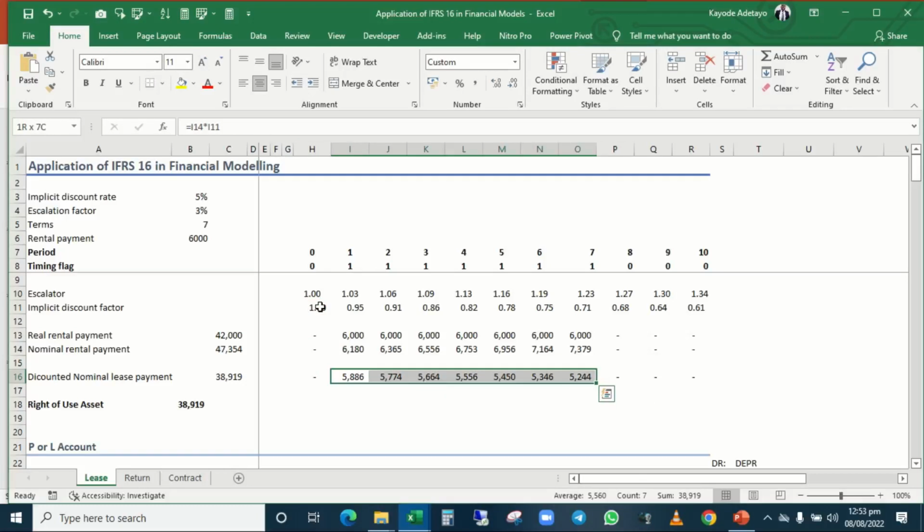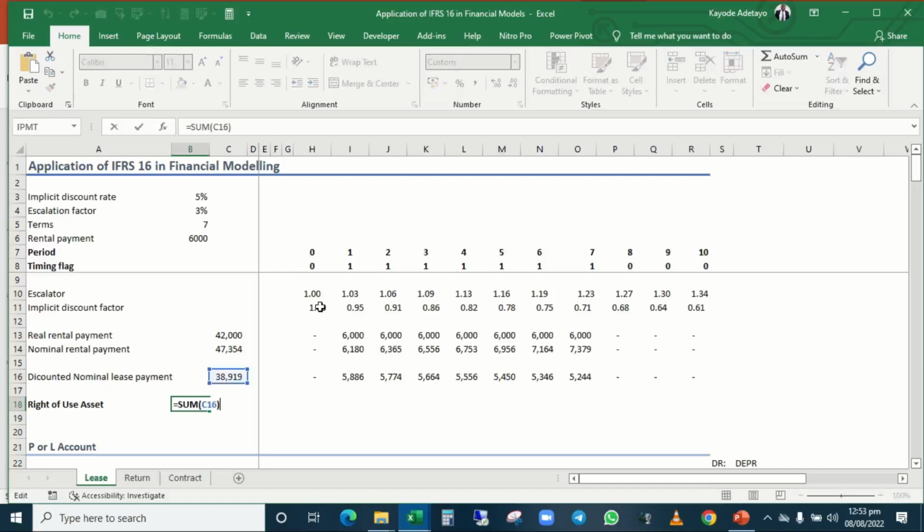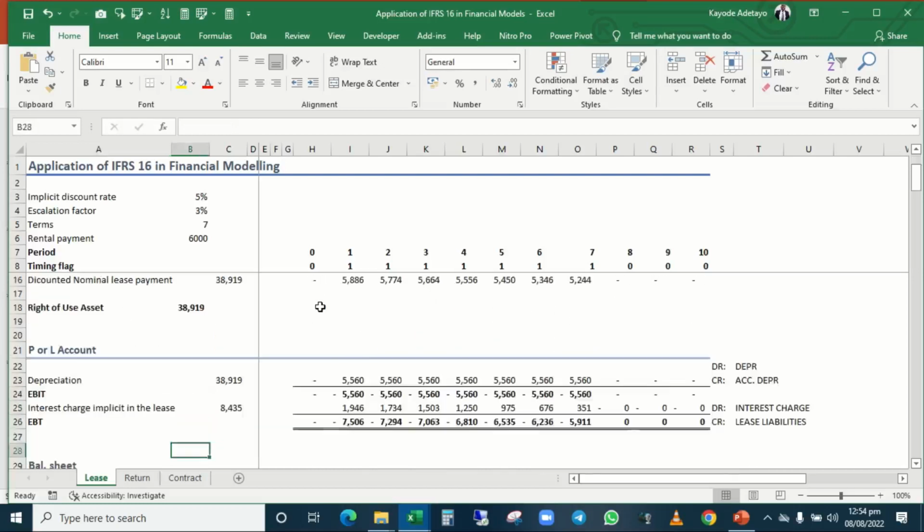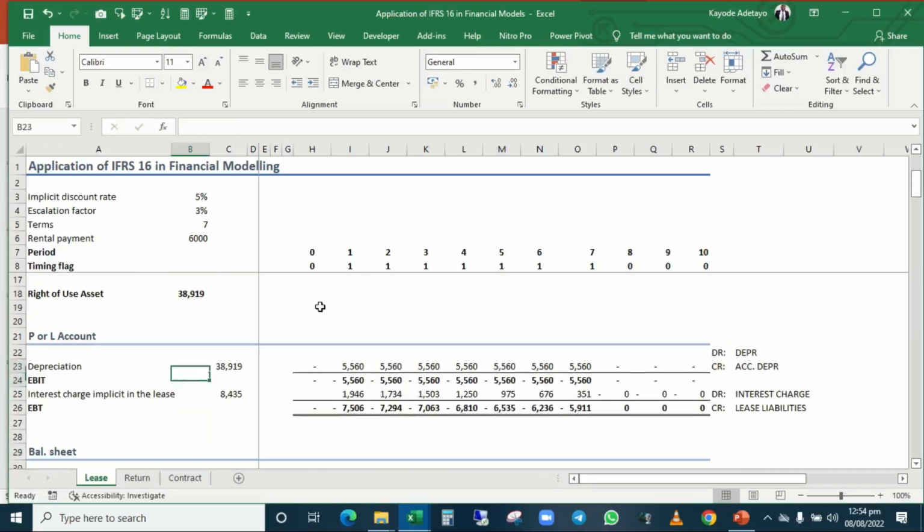So this is the present value. The present value of all the lease payments made over the period of the lease is 38,919. So this is the value of the asset as well as the value of the lease liability that will be recognized.